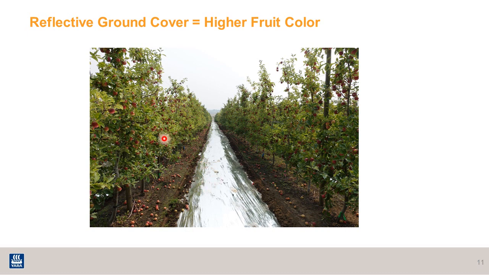And that light is getting inside the canopy and helping those fruit inside the canopy color up better than without the use of this reflective material. So while the nutrition of the fruit is very important to help them color up nicely, there are other factors as well, such as the exposure to the sunlight, that will explain how your fruit color develops in the orchard.